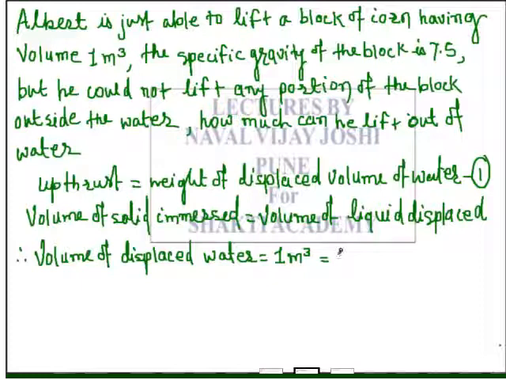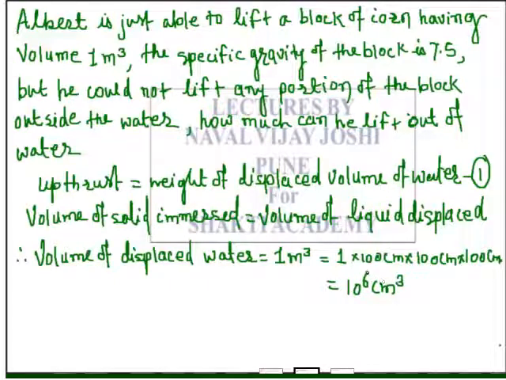So I would write the number part 1 as it is, and m into m I would replace by 100 cm into 100 cm into 100 cm. Okay, and I got the answer as 10 raised to 6 cm cube.